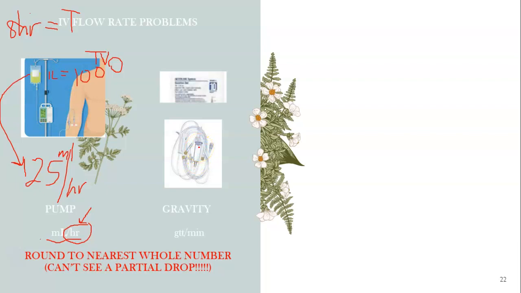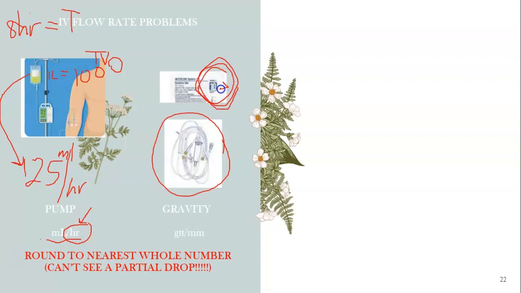So in the same thing, I can't see 3.4 drops per minute. Okay? So this is with a pump, mils per hour, because my pump goes in hours. If I don't have a pump, like during COVID, I am going to pull tubing, and every package is going to have a different number here.